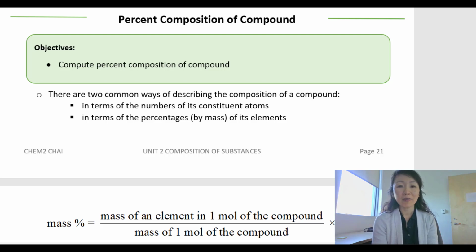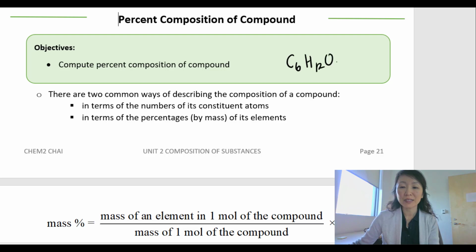In this video, we'll cover percent composition of a compound. When we look at a compound, say C6H12O6, we describe this composition, how much carbon, how much hydrogen, and how much oxygen is in there, by looking at the subscripts, the 6, 12, and the other 6.